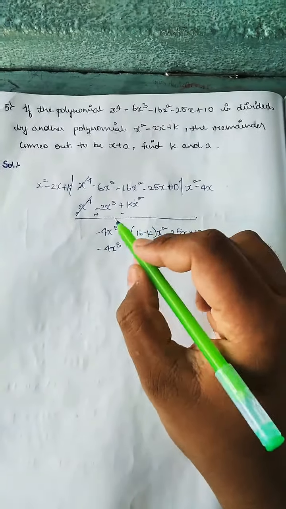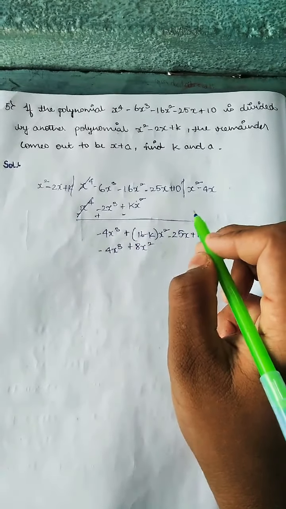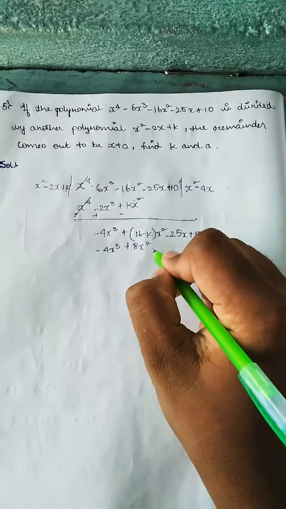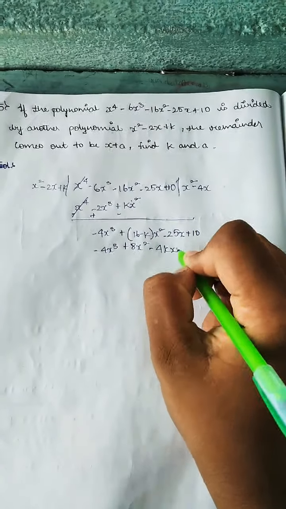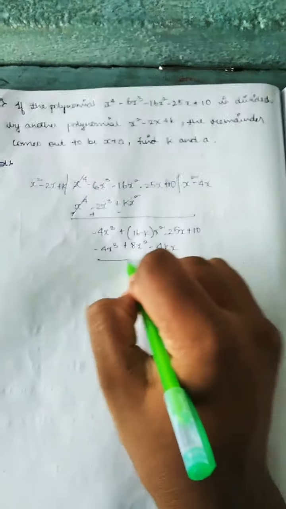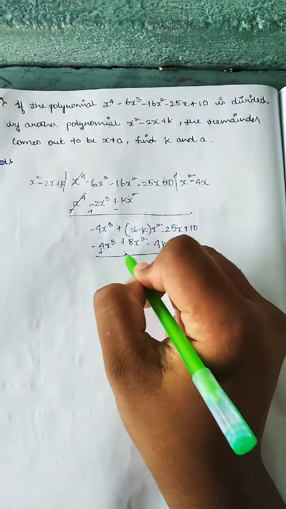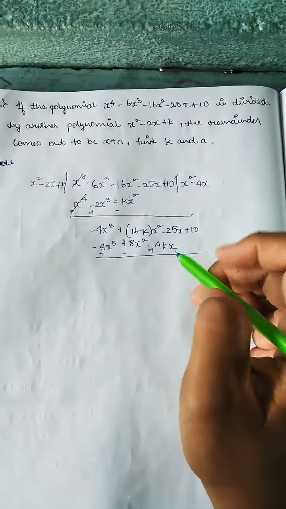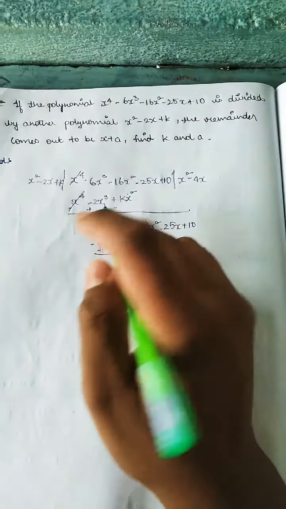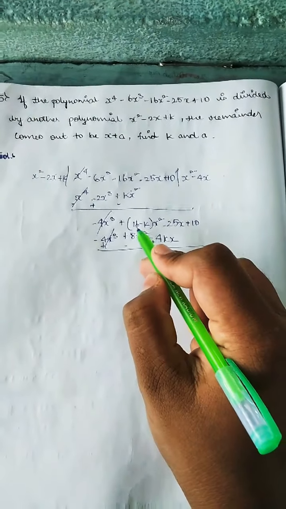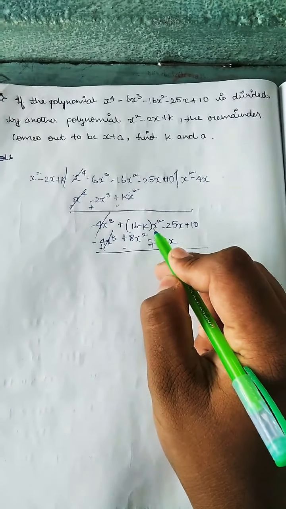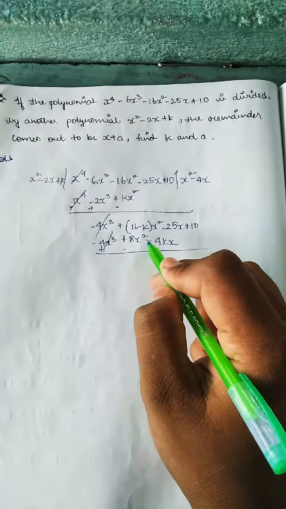Then k into minus 4x is minus 4kx. Now we change the signs, so the x cube terms cancel and the remaining is 16 minus k of x square minus 8x square.